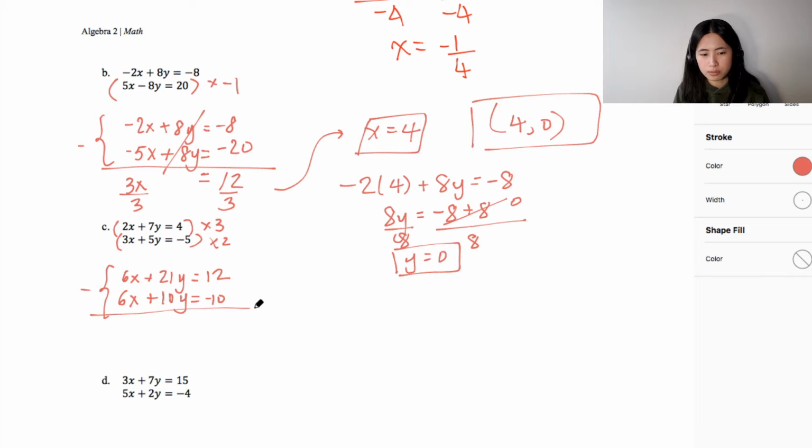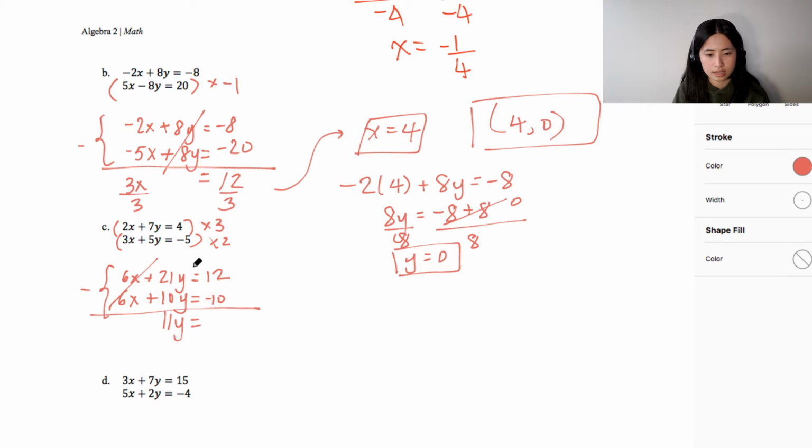And when you try to subtract the two, you're going to see that 6 minus 6 is actually 0, therefore it cancels out your variable x, right? So all we have left is just y. So you just have 21 minus 10, which is equal to 11, and this is 11y.